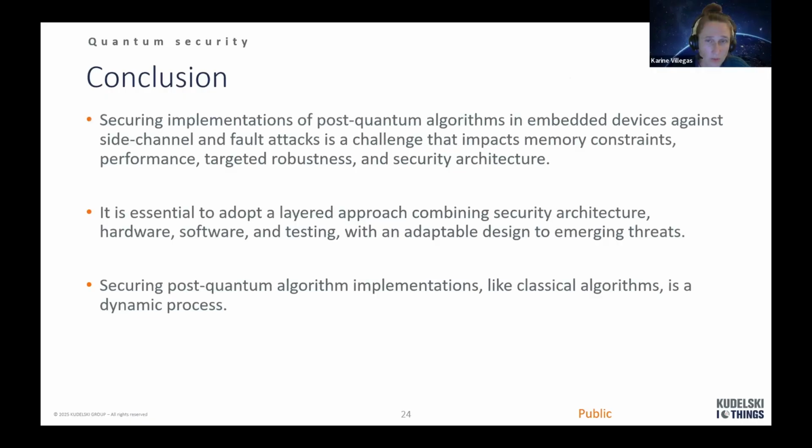So to summarize, what we could say is that securing the implementation of post-quantum algorithm in embedded device against the side channel and fault attack implies some costly operation, because we have to add many mechanisms, the execution time and the memory will be impacted.